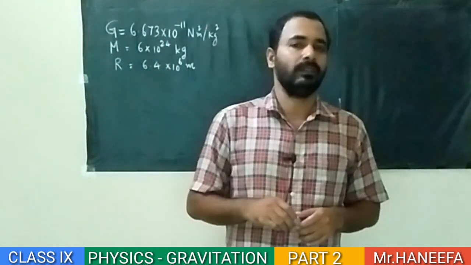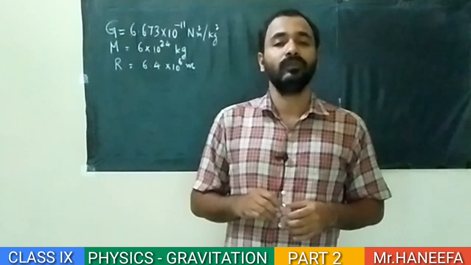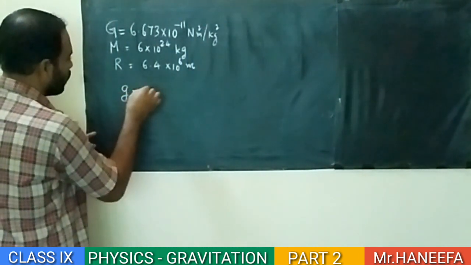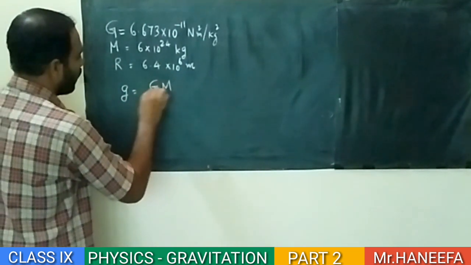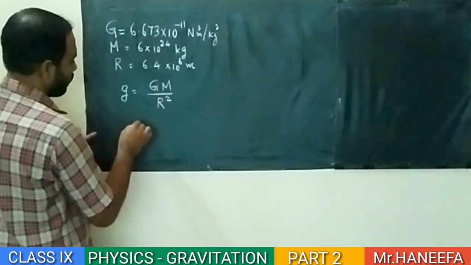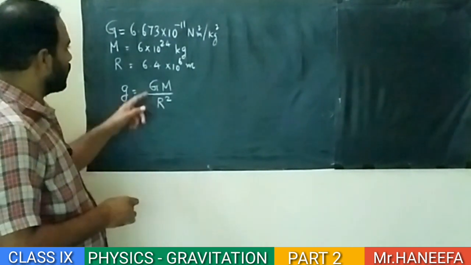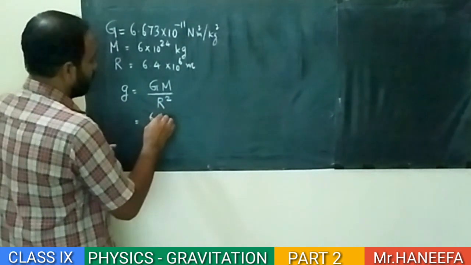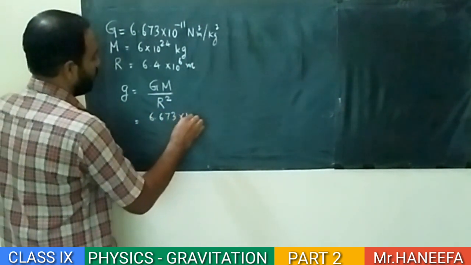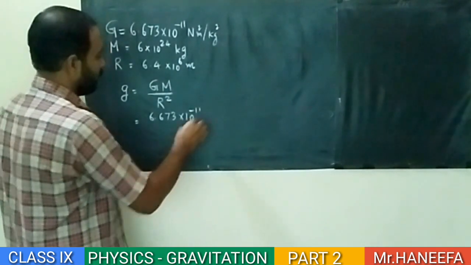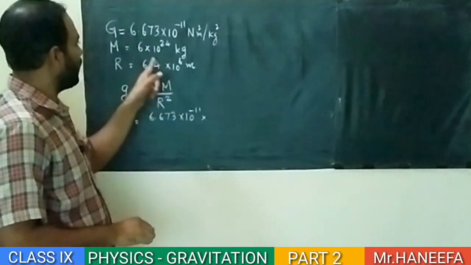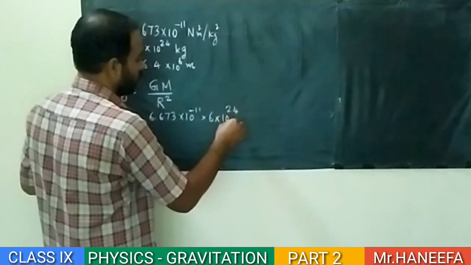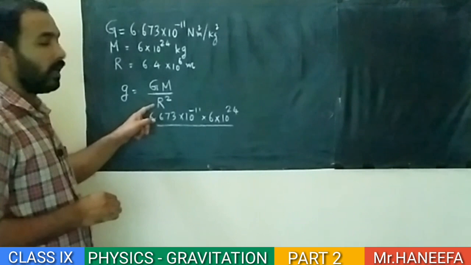Using this data, we can find the value of acceleration due to gravity using this equation. g equal to GM by r square. Substitute these values in this equation. What is G? 6.673 into 10 raised to minus 11 into mass of the earth 6 into 10 raised to 24 kg divided by r square.